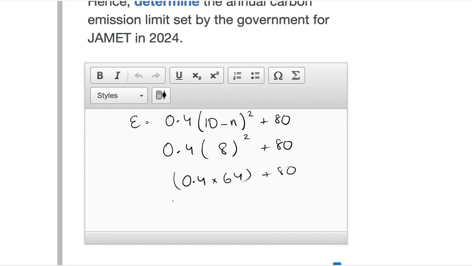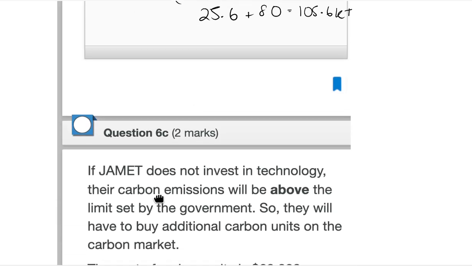So what's 0.4 multiplied by 64? 25.6 plus 80, which becomes 105.6 kilotons, right? Makes sense?